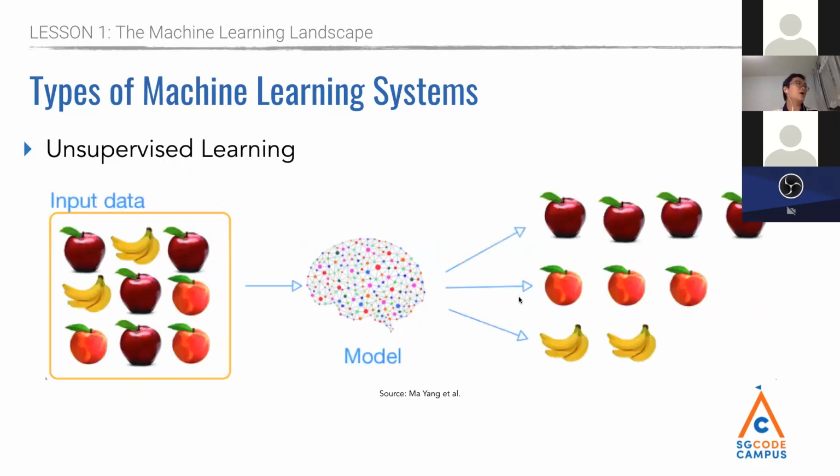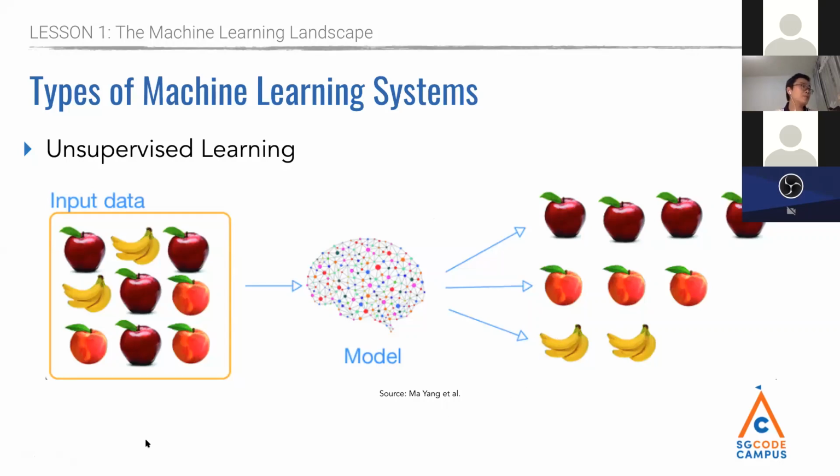Okay, so unsupervised learning. This time we have a mixture of apple, orange, and banana, and we want to tell from either the difference in the image or any kind of metric we define to group apples together, oranges together, and bananas together.